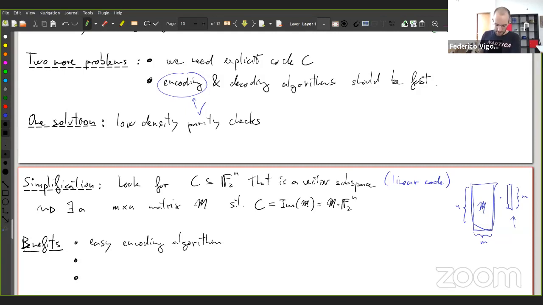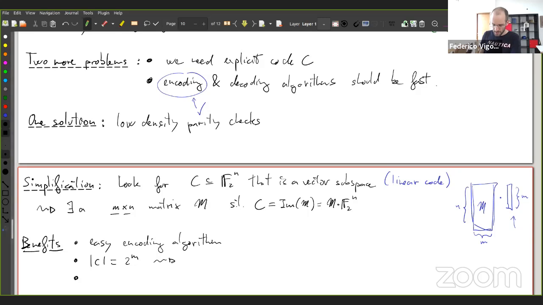Okay. Yes. Then it is easy to see what is the size of C. If we pick an m times n matrix, we assume that the matrix has full rank. So the size of C is equal to 2 to the m.